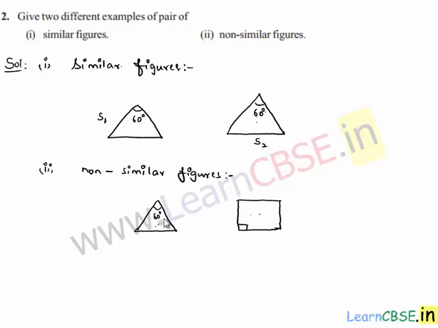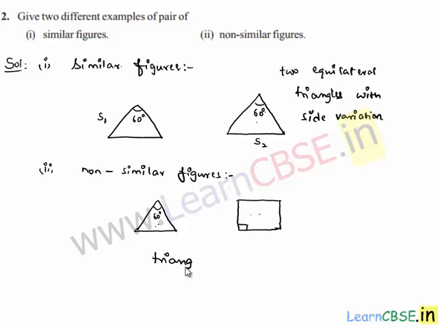So we can say that these two are examples of non-similar figures. So finally we can say that an example of similar figures is two equilateral triangles with side variation, and an example of non-similar figures is a triangle and a square.